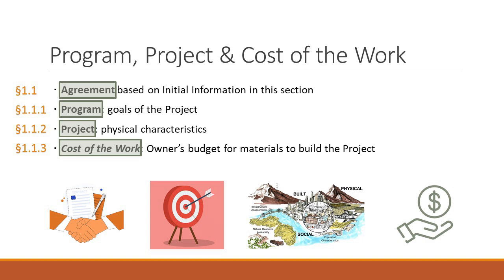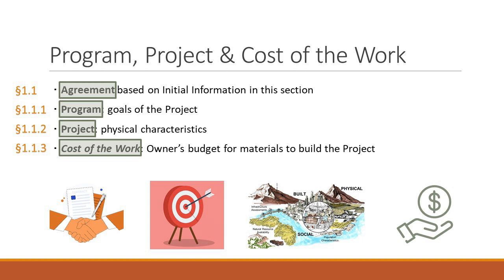When you're drafting a contract, and I may have talked to you earlier about this, if there is a defined term, then it stays capitalized throughout. Somewhere in this document is a specific definition of the term Agreement, and also the term Initial Information. And if you recall from the first slide, this article is called Initial Information. So this whole section is defining what is contained in the Initial Information.